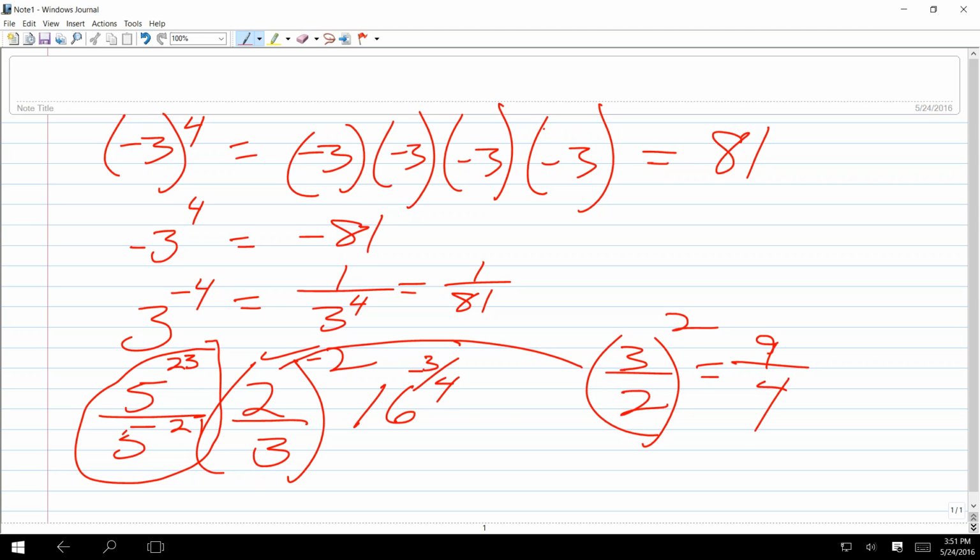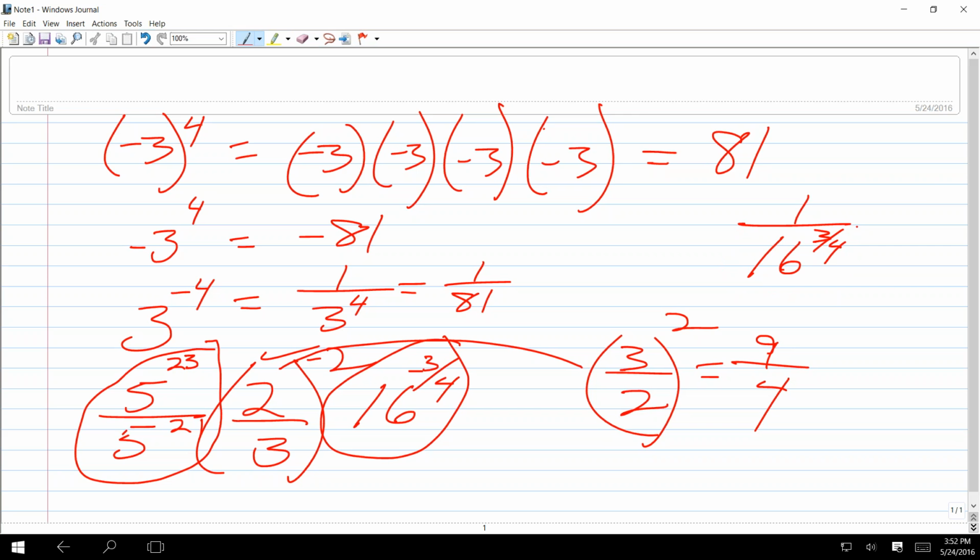And finally, 16 to the -3/4. Well, that's 1 over 16 to the positive 3/4. When you have a fractional exponent, the top number is the power, so you take 16 cubed, and the bottom number is the root, so you take the 4th root. It always makes sense to do the bottom number first.